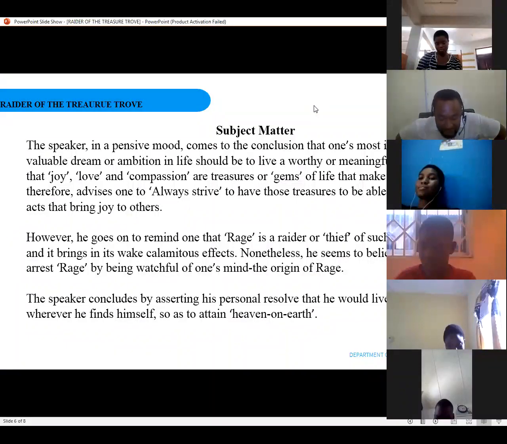Now, trove means a store of valuable or delightful things. You understand treasure, raider, and trove.